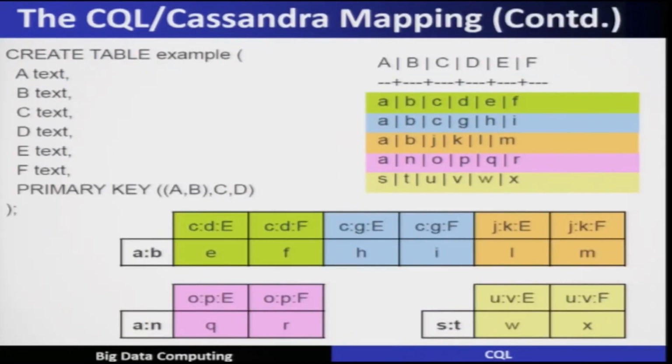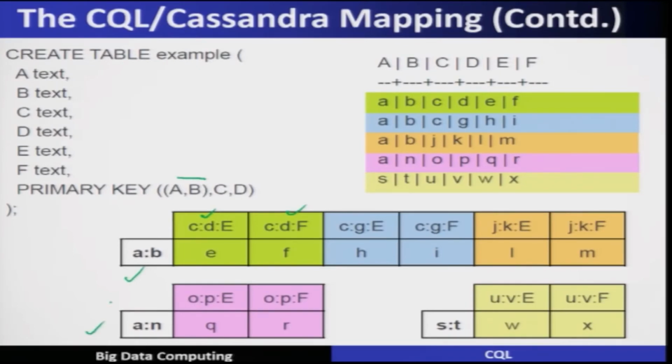Similarly, we can extend it to a more complicated example wherein the primary key is a composite of 4 different keys, AB and then CD. AB is one of the primary keys, and then CD, and their corresponding values are put in this column.